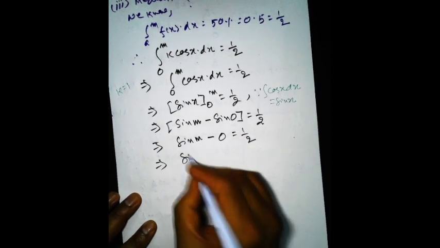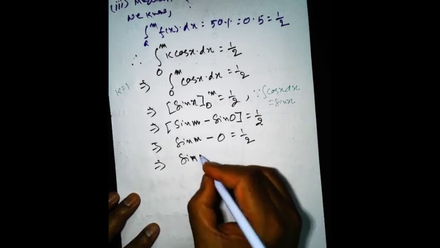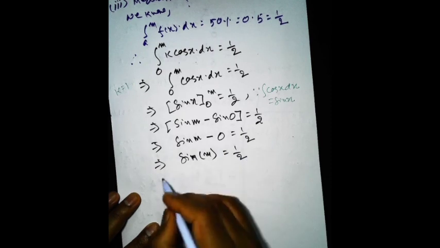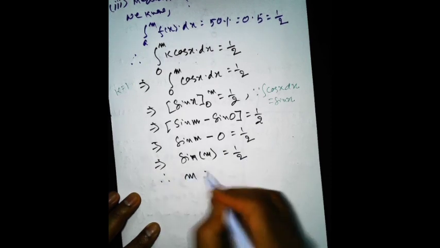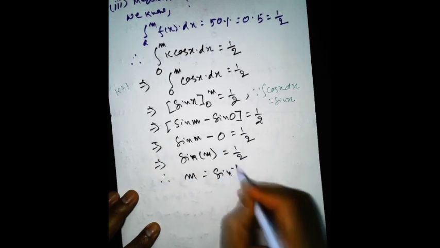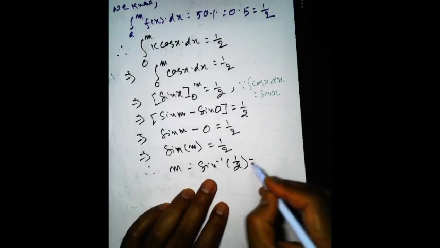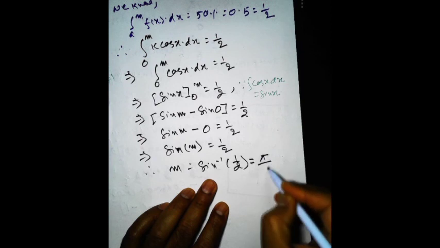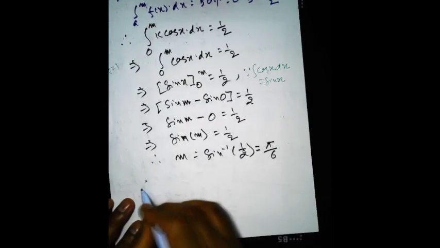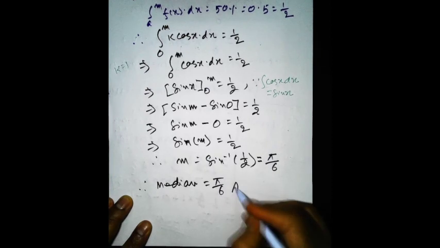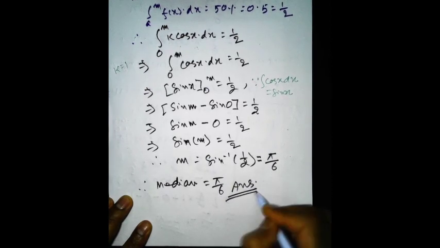Therefore m equals sin inverse of 1 by 2, and sin inverse 1 by 2 is 30 degrees or pi by 6 radians. So the median in this case we have found is pi by 6, and this is the answer.